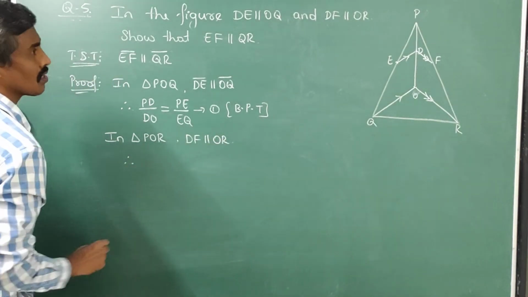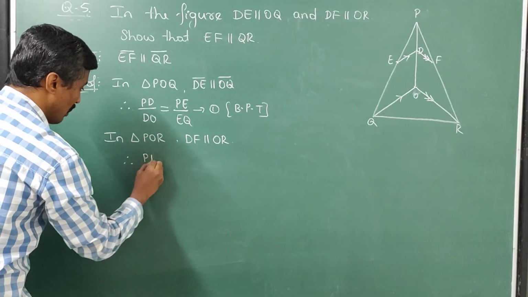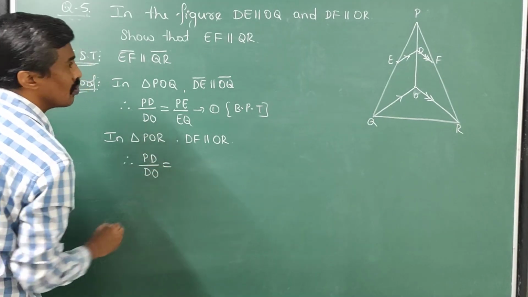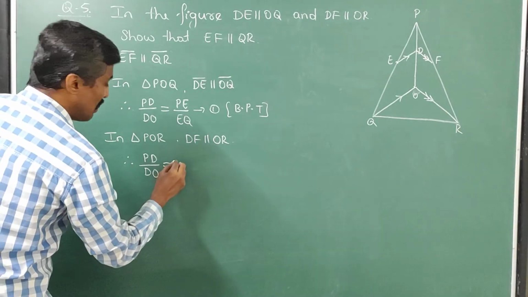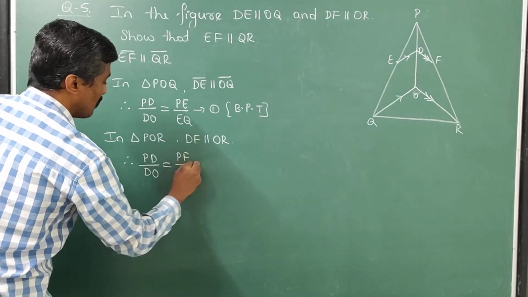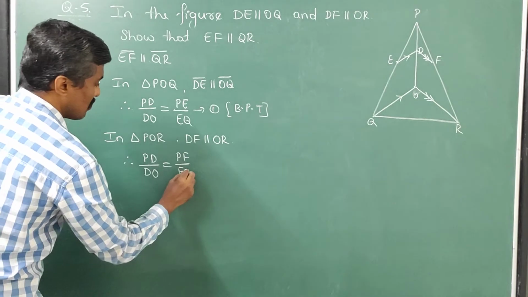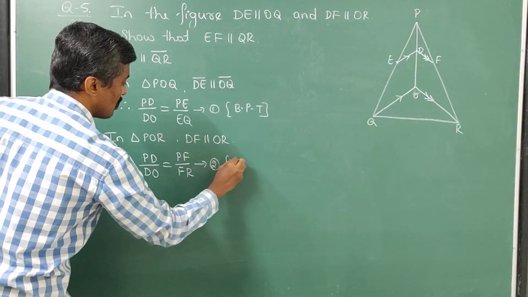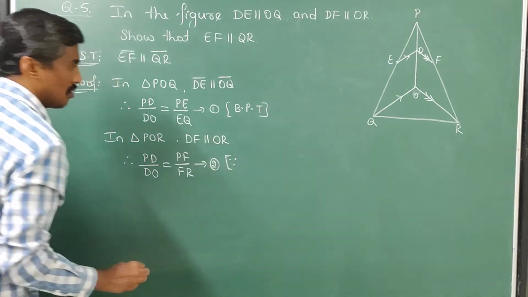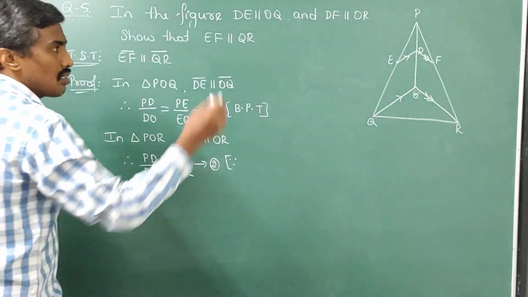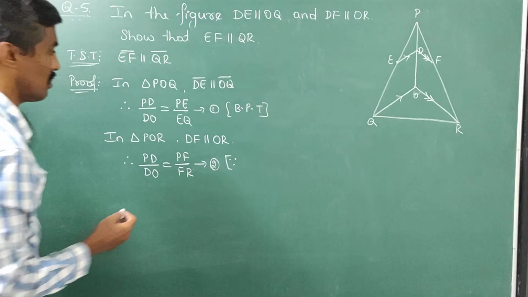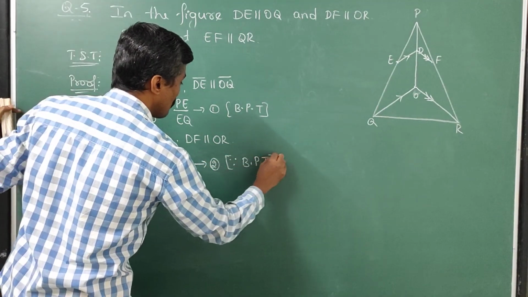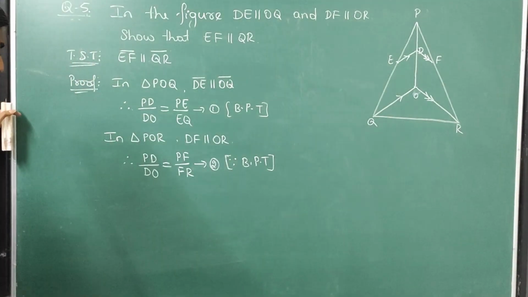Therefore, PD divided by DO is equal to PF divided by FR. I think you have understood how to apply the Thales theorem, according to the basic proportionality theorem.